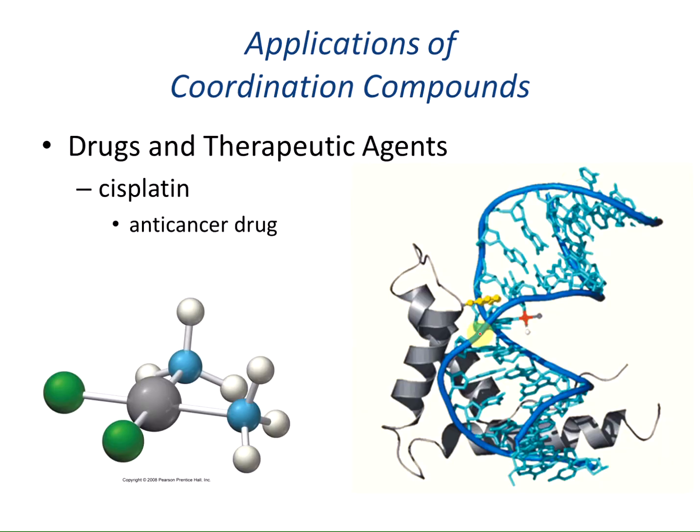And another example of a coordination compound is cisplatin. This is actually an anti-cancer drug. If you think back to Lance Armstrong in his fight with testicular cancer, the drug that they gave him to treat his testicular cancer was cisplatin. This is a platinum complex.